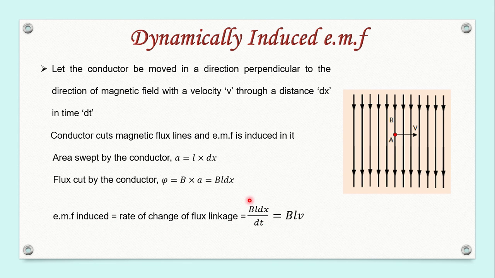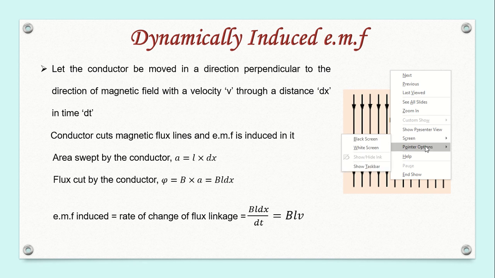So we need the value of flux linking with the conductor during the time when it travels through a distance dx. But we have only the value of the flux density, which we have taken as B. So we know that flux is equal to flux density into area.